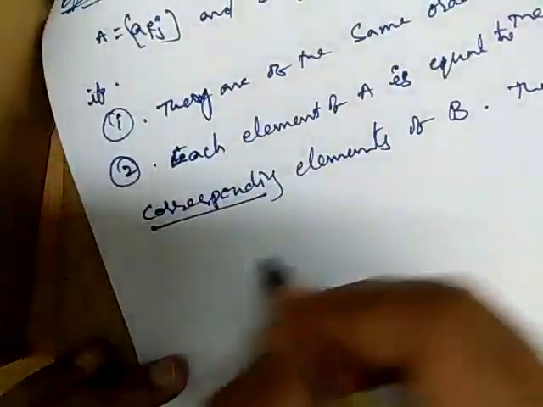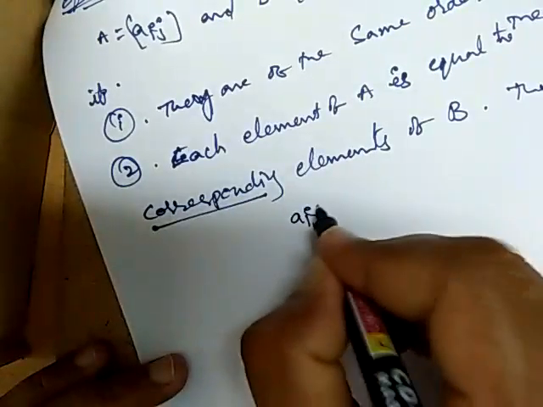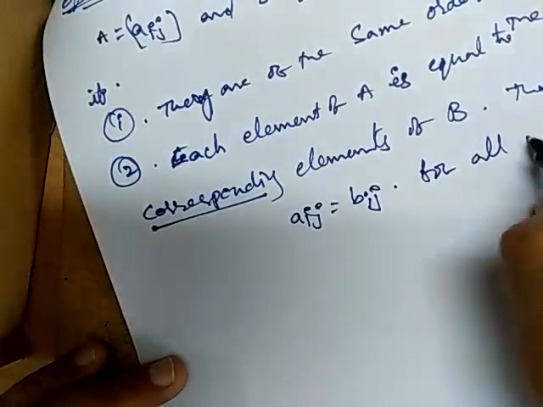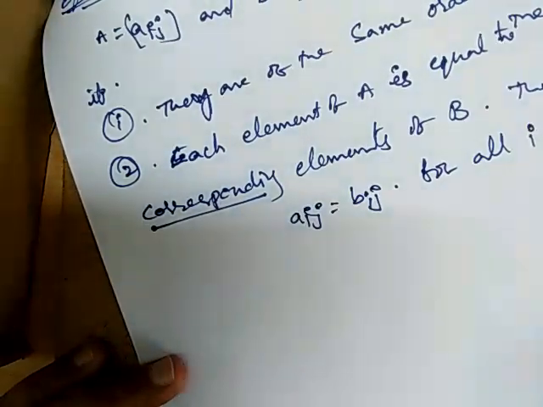That is, Aij equals Bij for all i and j.